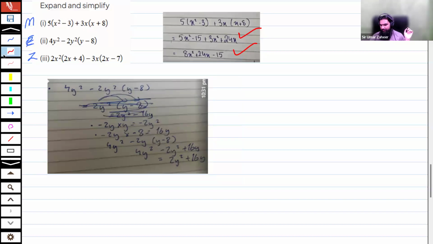Okay, now you have 4y square minus 2y square into y minus 2y square. Minus 10, minus is plus 2 times 8 is 16. So minus 2y square plus 16. So 4 minus 2, that will be 4. Yeah, that's correct.